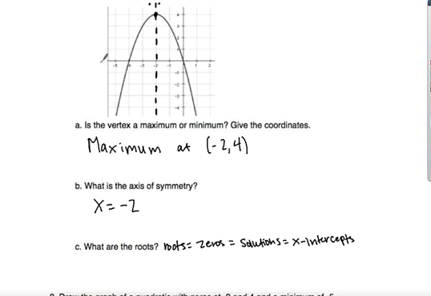The x-axis is our horizontal axis, and we can see that it crosses right here and right here. So we might say that our roots are x equals 0 and x equals -4. We could also write those roots as coordinates. So we might say that our roots are at 0, 0 or at -4, 0.